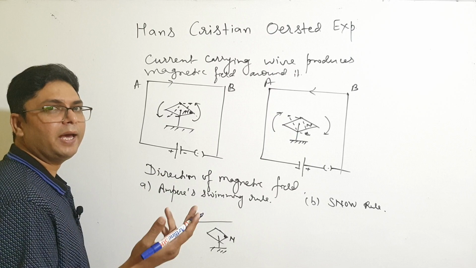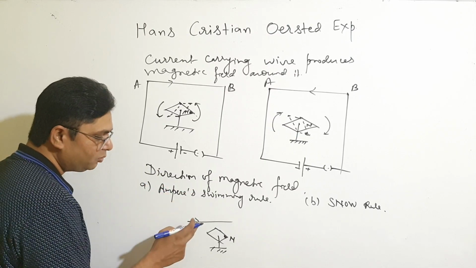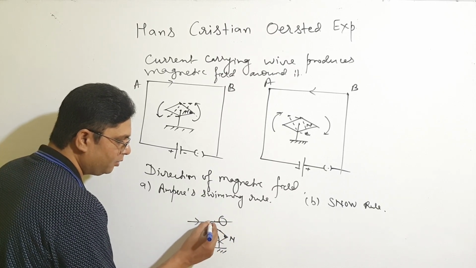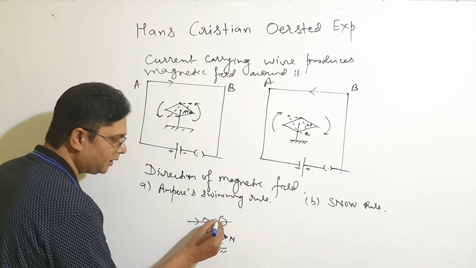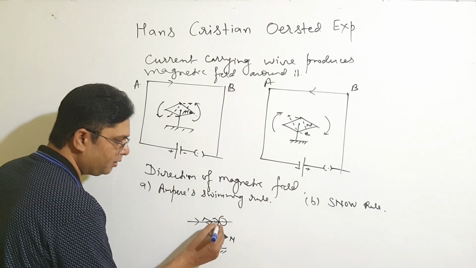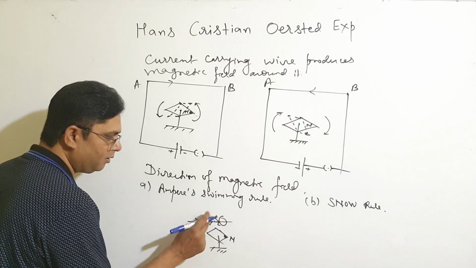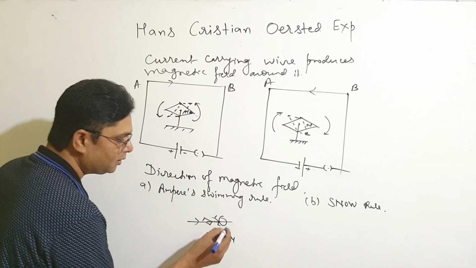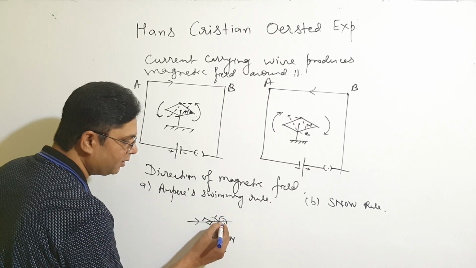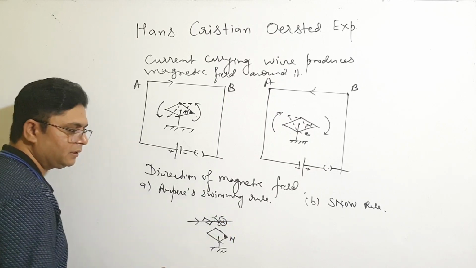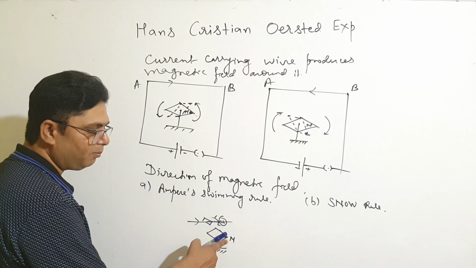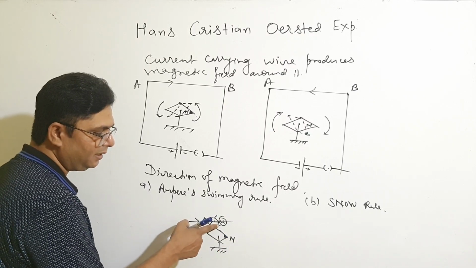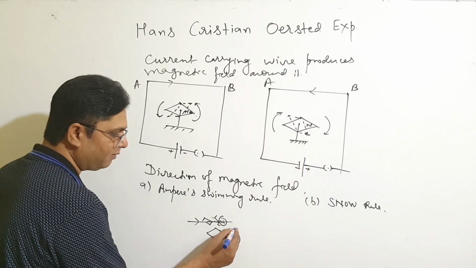Then imagine a man swimming inside the wire, facing his face towards the magnetic compass. Then the north of the magnetic compass will deflect towards its left hand side.